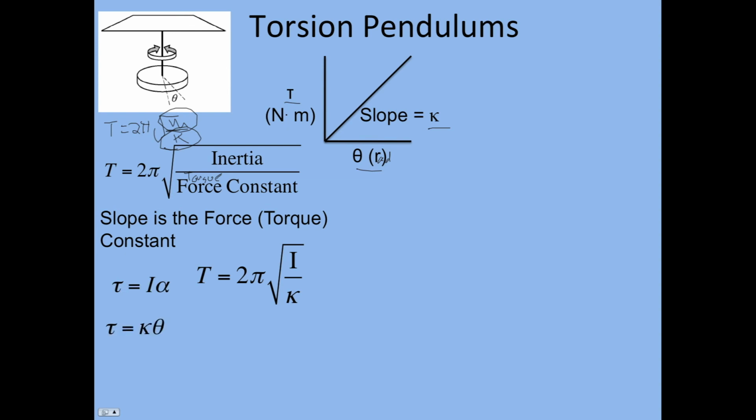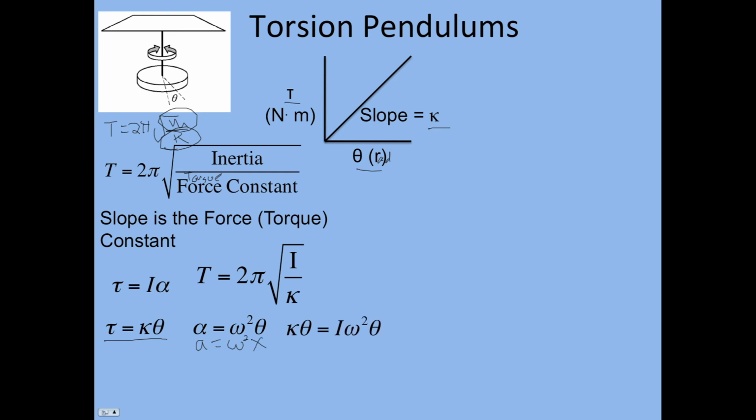Torque equals I alpha, and so the torque is kappa theta. And so this is, again, the best fraternity to join, tau kappa theta. And alpha is omega squared theta, just like a is omega squared x for a spring mass system.